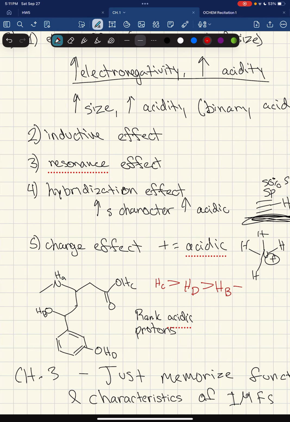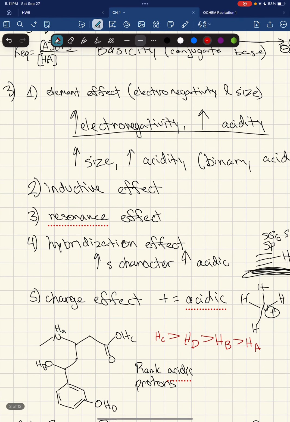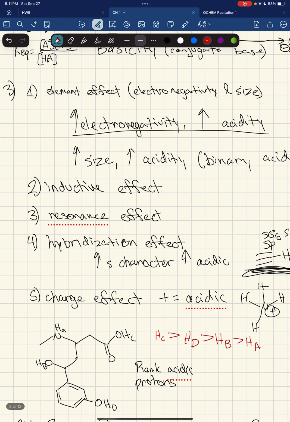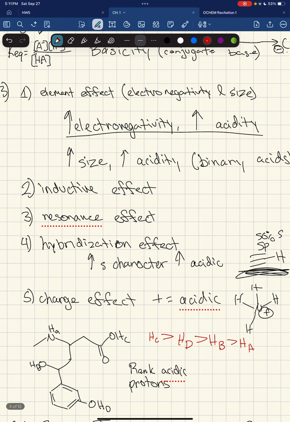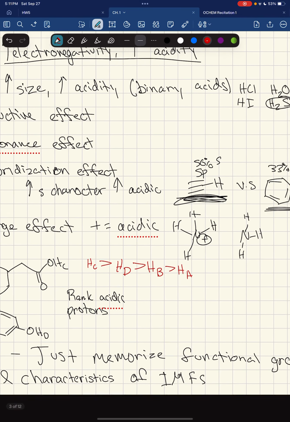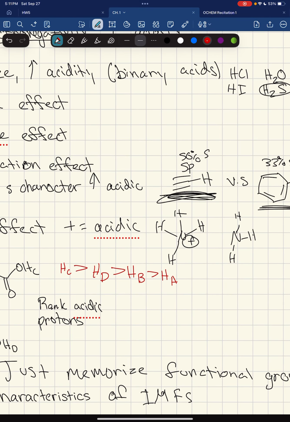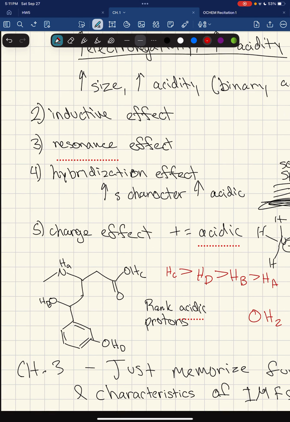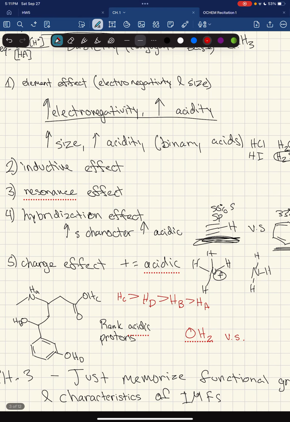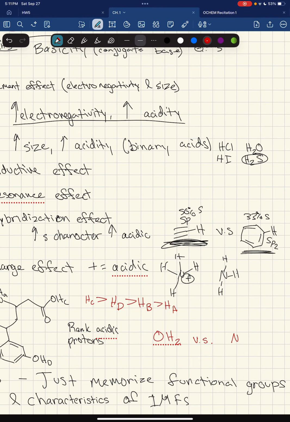I know a lot of you were worried about these being paired against each other, like, let's just say, I can't think of any good examples, but where you've got OH2 versus a nitrogen with resonance.